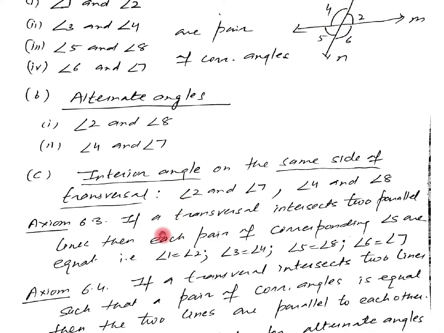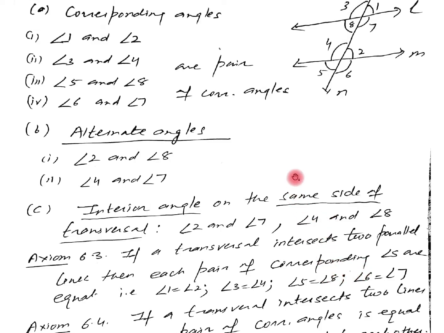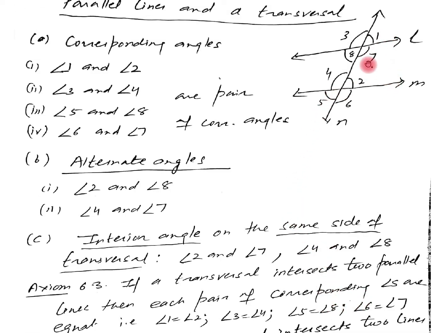Now let us see the result. If a transversal intersects two parallel lines, then each pair of corresponding angles is equal. If these are the parallel lines and the transversal N intersects them, then each pair of corresponding angles is equal. It means angle 1 equals angle 2, angle 3 equals angle 4, angle 5 equals angle 8, angle 6 equals angle 7.